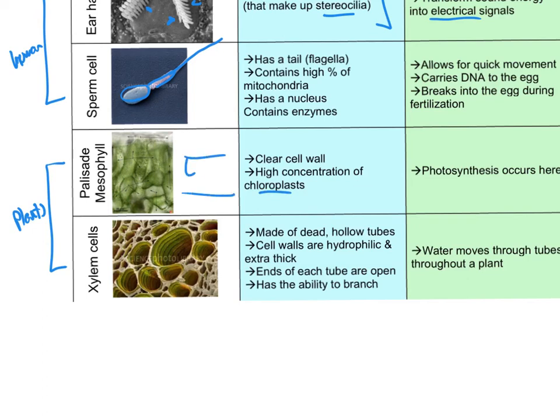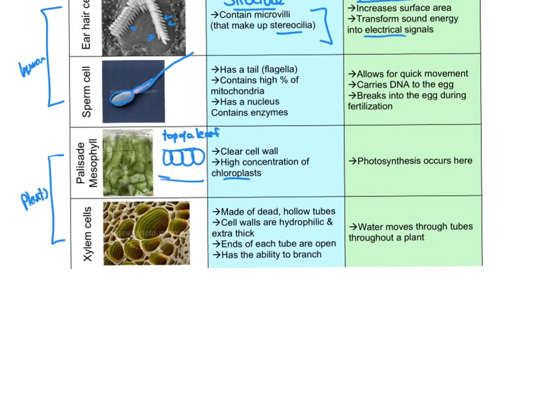That's because you find this layer of cells on the top of a leaf, where most of the sunlight is going to hit, so it makes sense to have lots of chloroplasts so you can do photosynthesis. Again, that idea of structure: chloroplasts and a clear cell wall so light can go through, because photosynthesis occurs there.